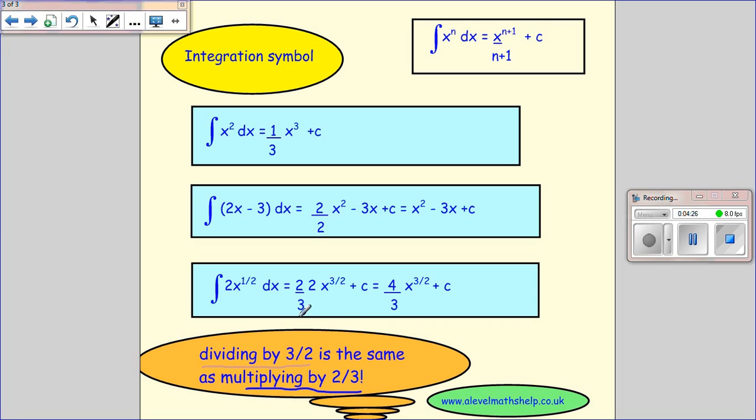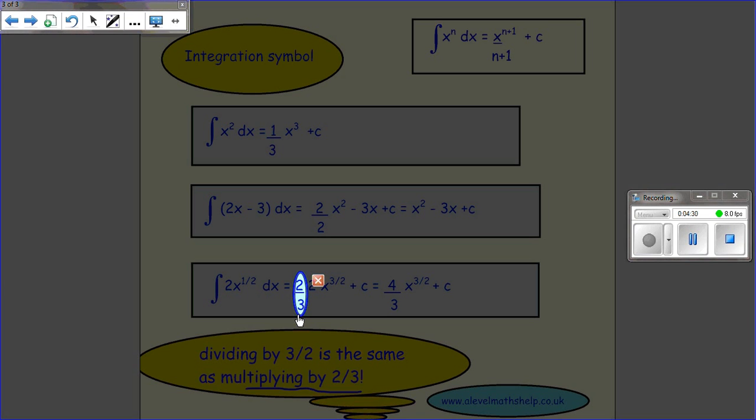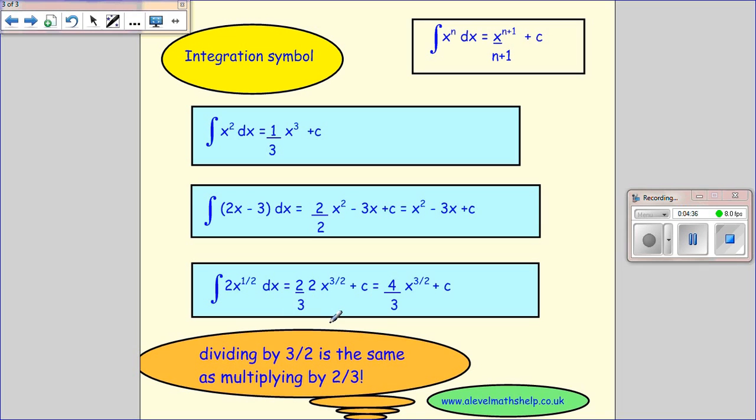So we can go straight and put 2/3 in there, which is the same as 1 over 3 over 2. You might need to think about that a little bit if you're not so sure with your fractions. But if you remember, when you divide by a fraction, it's the same as multiplying by the fraction flipped. Then multiply this out, and this gives us 4/3 x to 3 over 2 plus c.